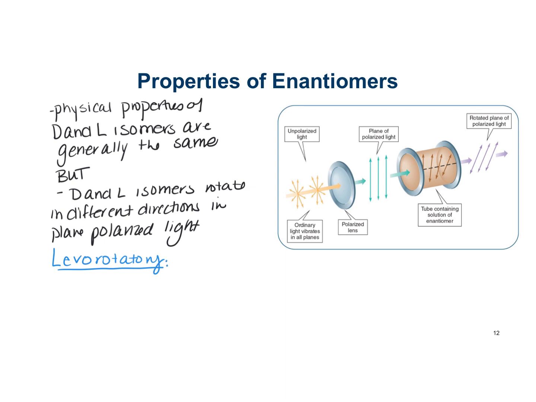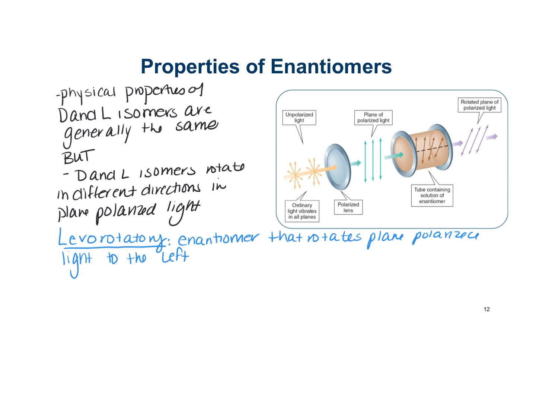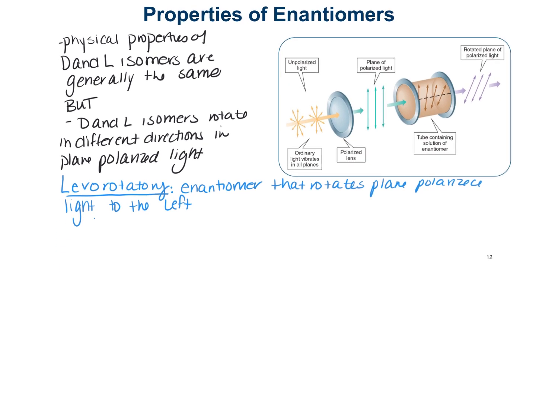And this is the enantiomer that rotates plane polarized light to the left. And then we also designate this as the negative enantiomer.